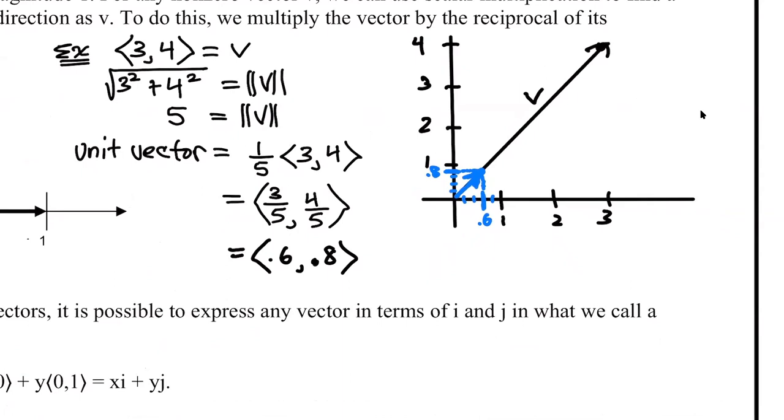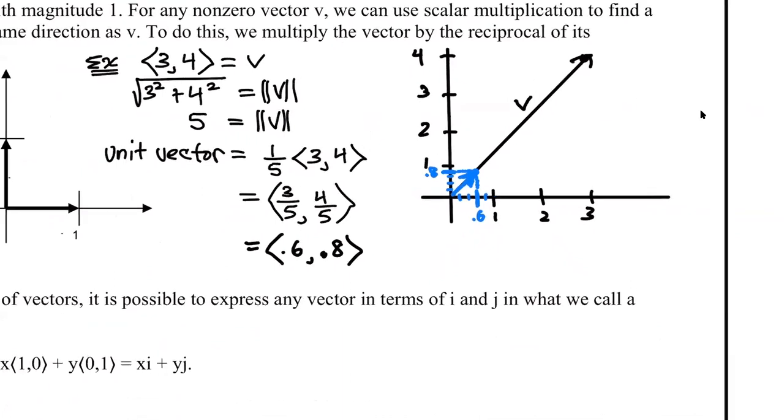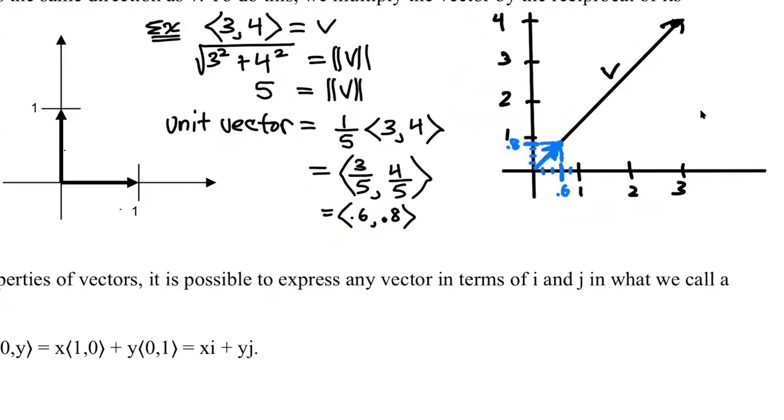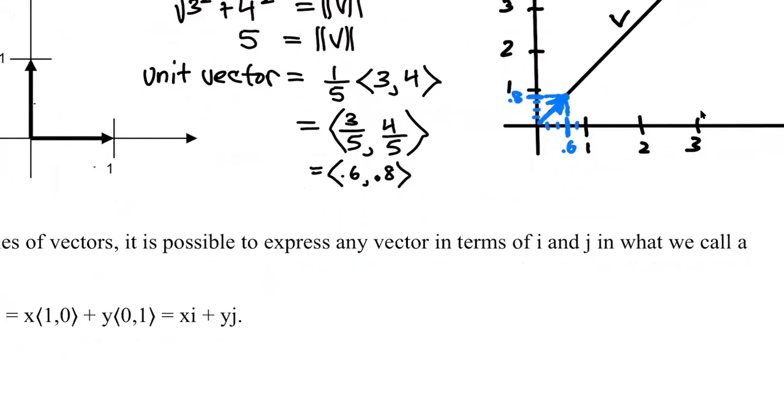So it's identical in every way, just 1/5 its size. So that's the example. It's a good example, solid example. The very best example. No, it's an all right example. But we can verify it because the magnitude of the unit vector should be equal to 1.